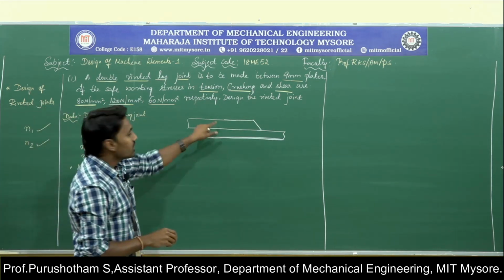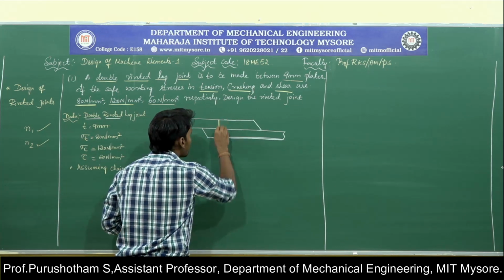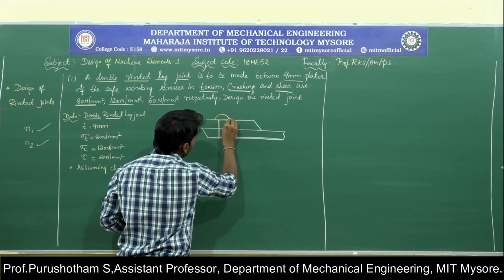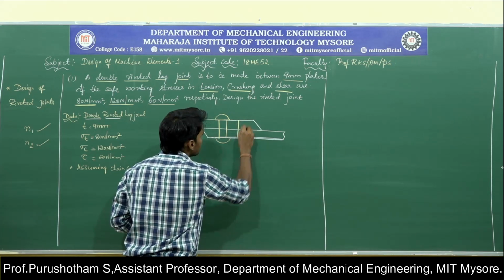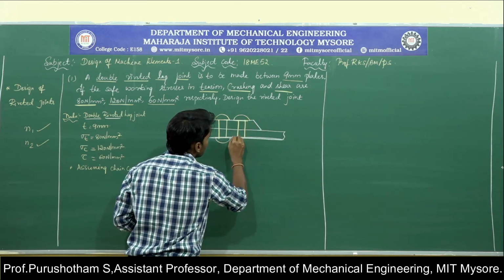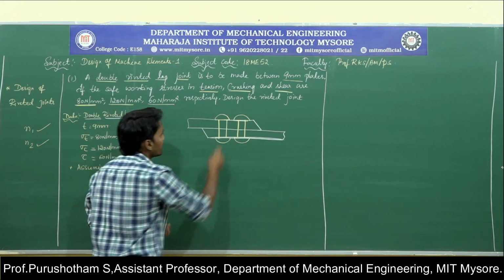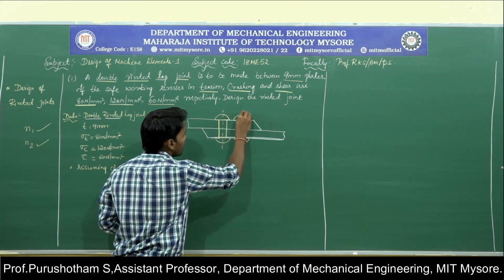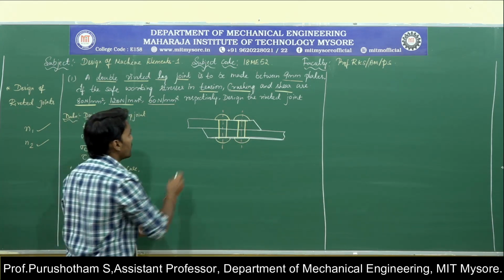This will be the first row of rivets in the front view. This will be the second row of rivets. Then I am going to draw the axis of these rivets.